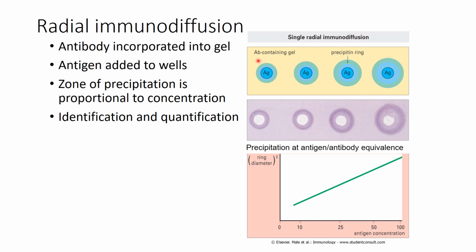So if this is the gel that has antibodies spread around, you put the antigen in here, and gradually the antibodies from all over start to bind. You keep gradually increasing the antigen concentration, and at a certain point the precipitation starts surrounding the antigen. With increased antigen concentration, the ring size of the precipitation keeps increasing.